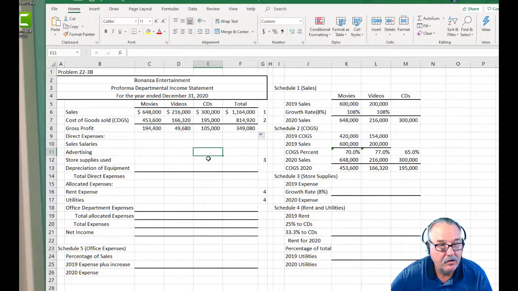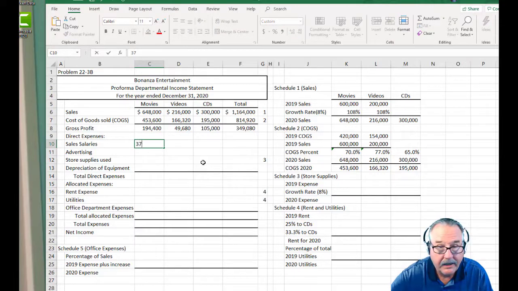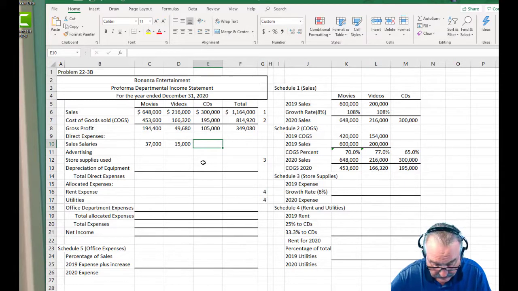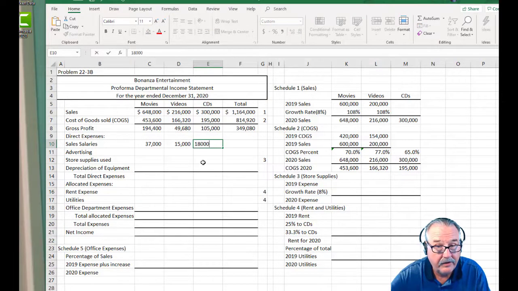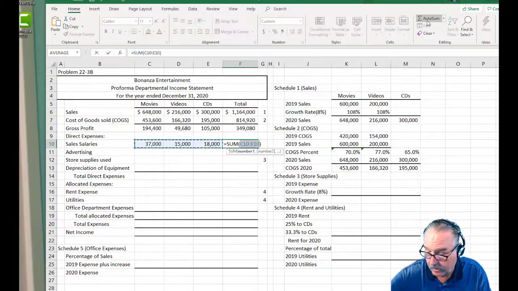And now we can do the direct expenses. So the direct expenses, these are the sales salaries of people that actually work in each one of these departments. Our movie department has salaries of $37,000, the videos is $15,000, and the CDs, they say they're going to hire people, and it'll be $18,000 in total.